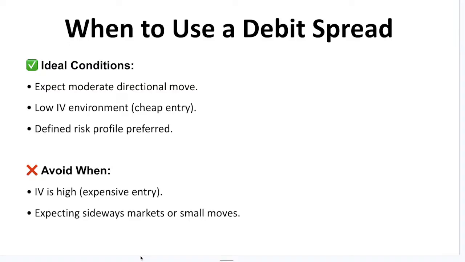If things don't go in your favor, you only lose $200 instead of $400. So upwards movement capped.